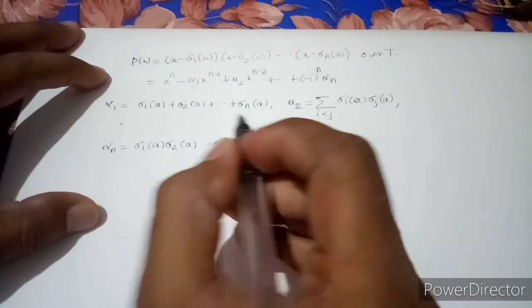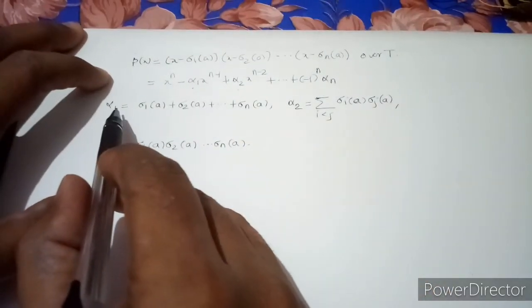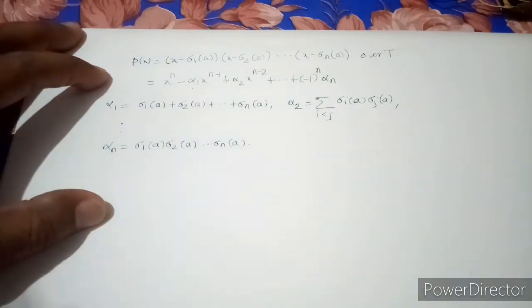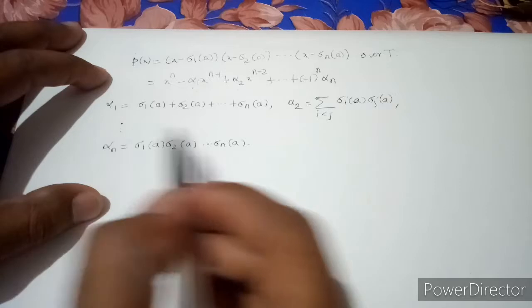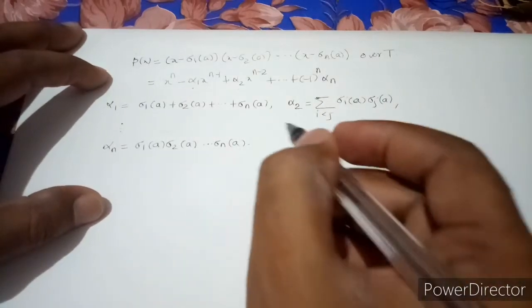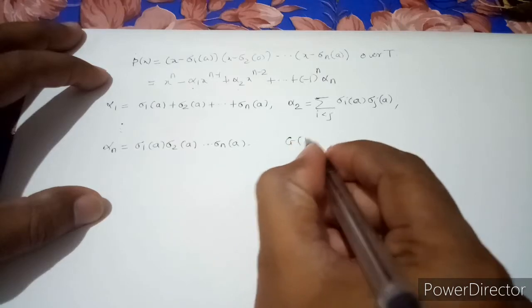As we have seen earlier, these are elementary symmetric functions, and we have also proved in the previous two theorems that these elementary symmetric functions are invariant under the group G(K, F).